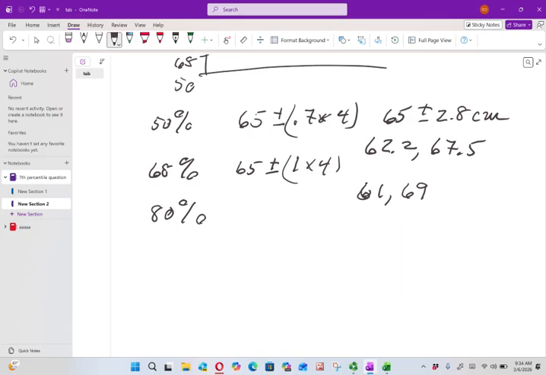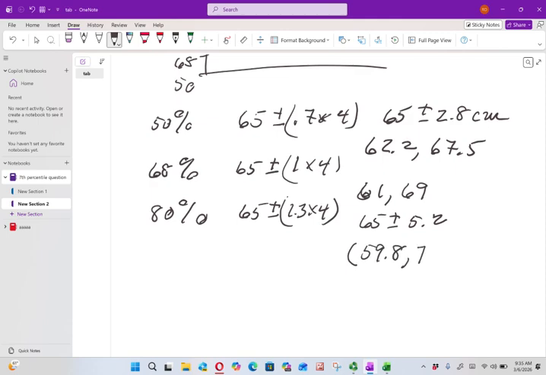80% bet. 65 plus and minus 1.3 times 4, which is 65 plus and minus 5.2. My bet is 59.8 to 70.2.